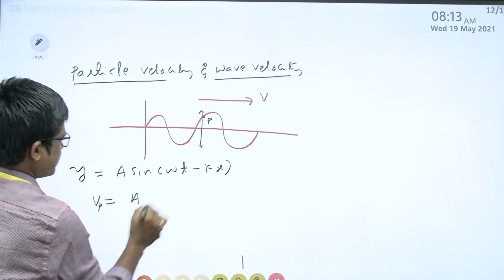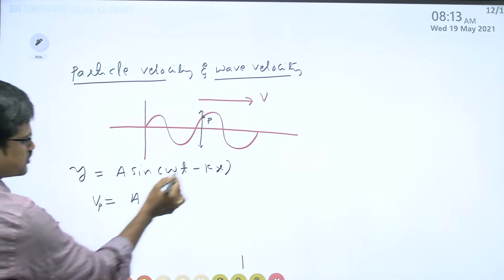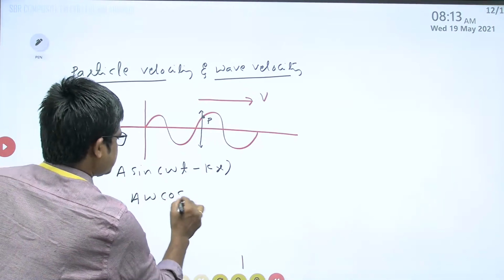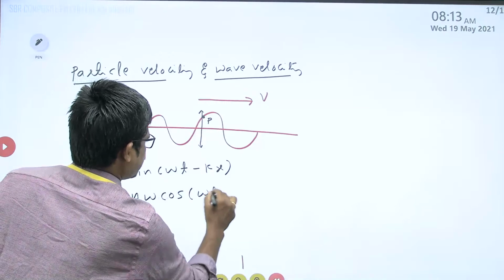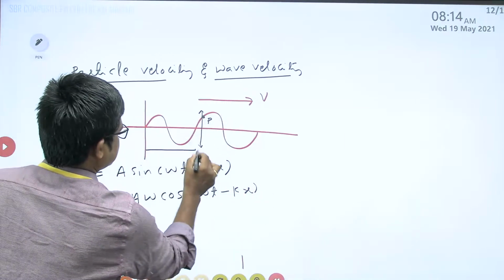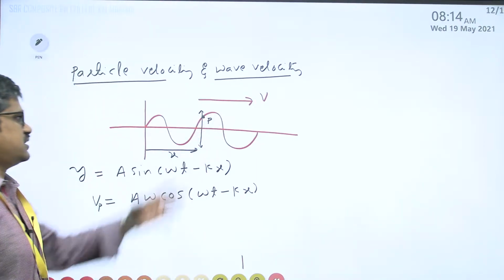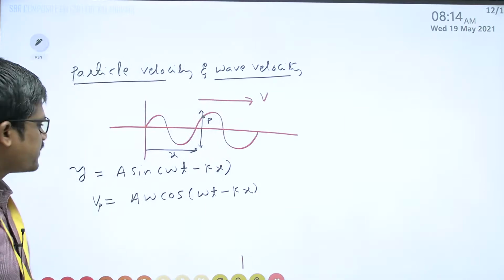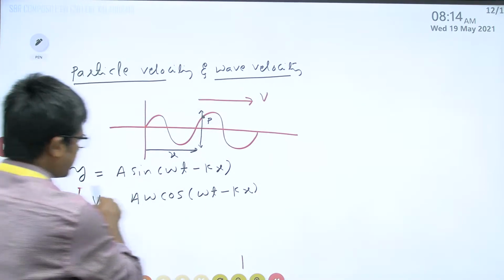So we are differentiating A with respect to time, therefore the coefficient of time is ω, so the differentiation of sin is cos(ωt − kx), since here x is constant. At a particular x, I want the particle velocity, because x is constant for P. So this is the expression for particle velocity.